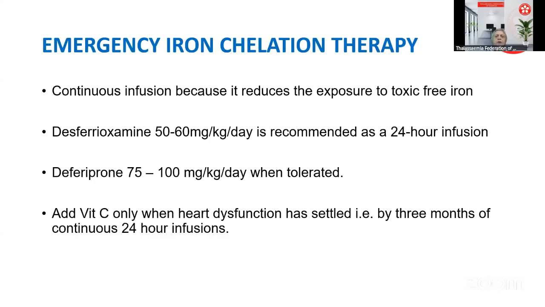All adults for emergent iron chelation should be given 60 milligram per kg per day, but the dose has to be adjusted over 24 hours because you must remember that a fast running desferrioxamine can release histamine in the body, which can be mistaken for an allergic reaction.